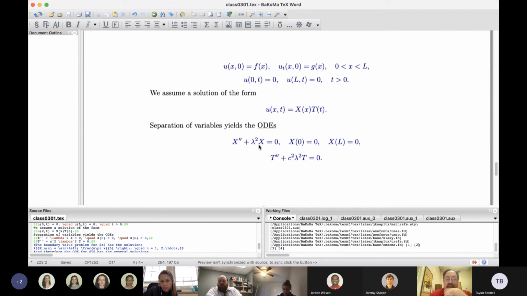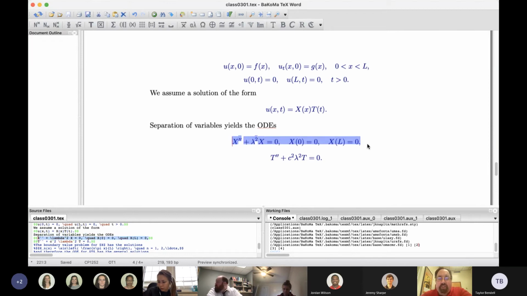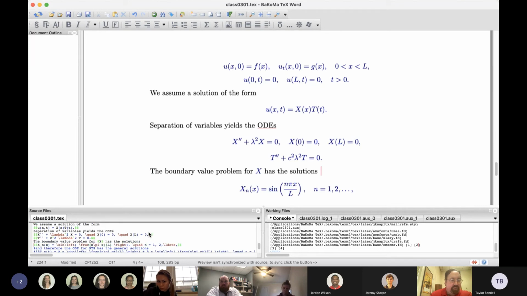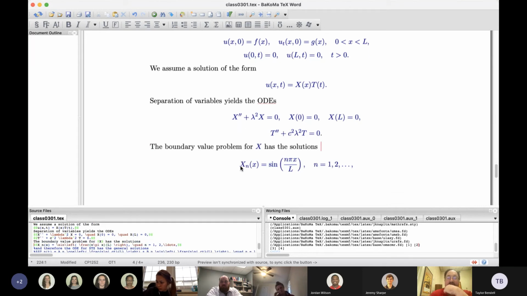So here's what we get. We get the same ODE as we do for the heat equation in space. Everything is the same. The ODE for time has a T double prime instead of a T prime. So as we saw from the heat equation, this is the kind of solution we get for the ODE in x.